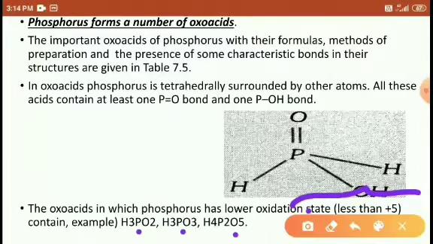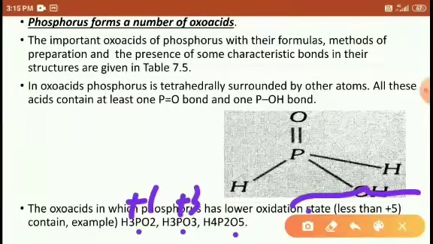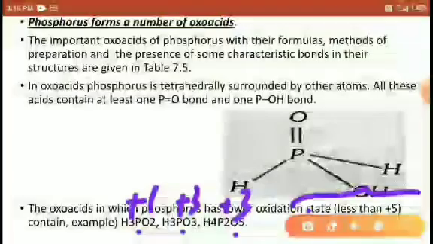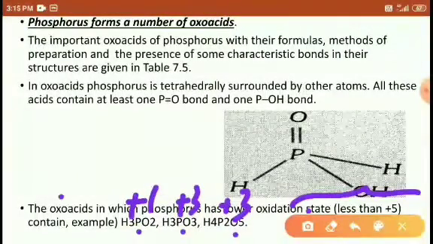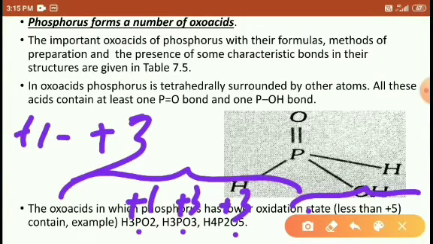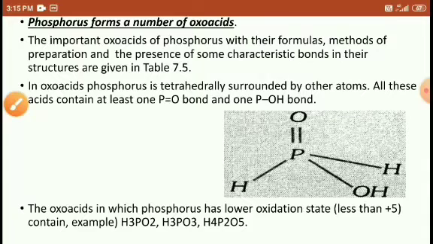For example, H3PO2 exhibits the +1 oxidation state, H3PO3 exhibits the +3 oxidation state, and H4P2O5 exhibits the +3 oxidation state. So these three species exhibit oxidation states of +1 to +3. Students, that's why the oxidation state is less than 5.